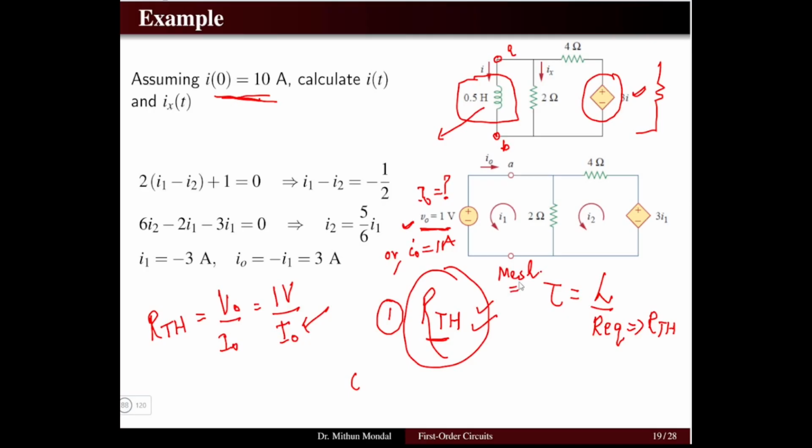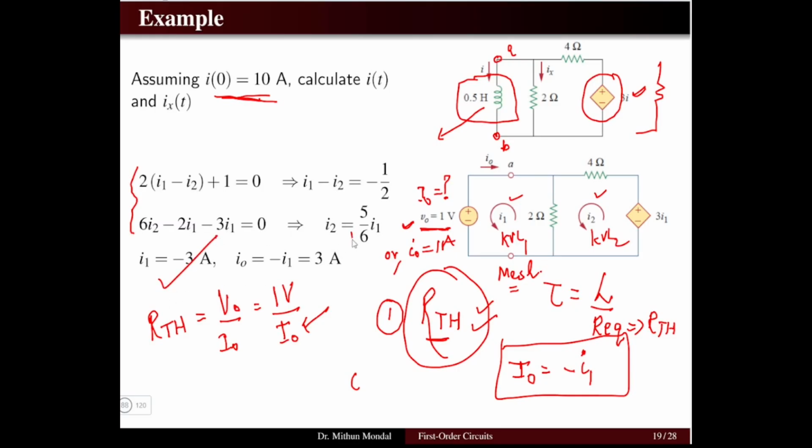If we apply the mesh analysis and write the KVL equation for the two meshes, KVL 1, KVL 2, and then determine the unknown variables I1 and I2, then the current I0 flowing in the network is equal to minus of current I1, because I0 and I1 are flowing in the reverse direction. So we apply the mesh analysis, write two equations and find the values of I1 and I2.